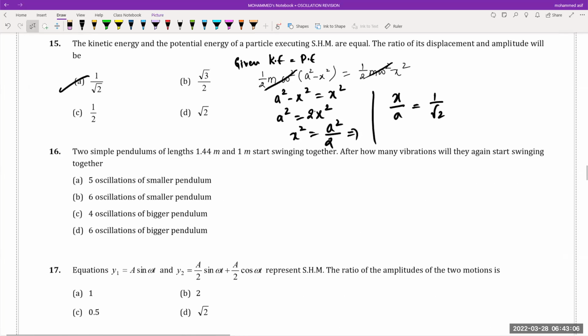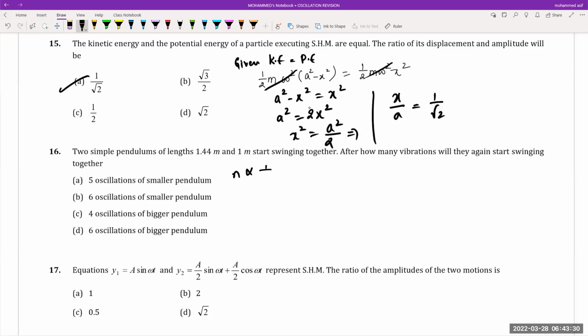Next one. Two simple pendulums of length 1.44 meter and 1 meter start swinging together. ये मैंने already करवाया था, एक बार try करो आप लोग. After how many vibrations will they again start swinging together?